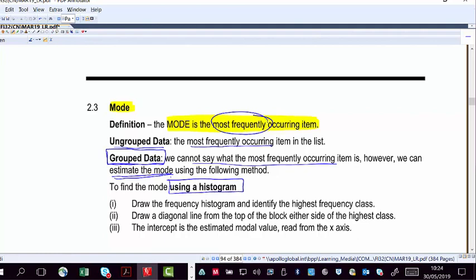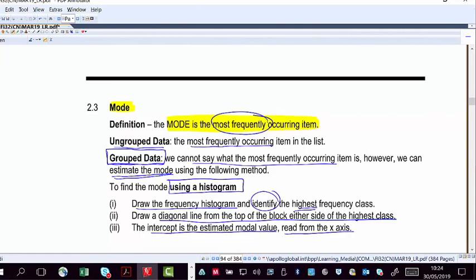We firstly have to draw the frequency histogram to identify the highest frequency class. So in other words, within those bands. We then draw a diagonal line from the top of that block either side of the highest class. We then need to intercept the estimated modal value and we read it from the x-axis.